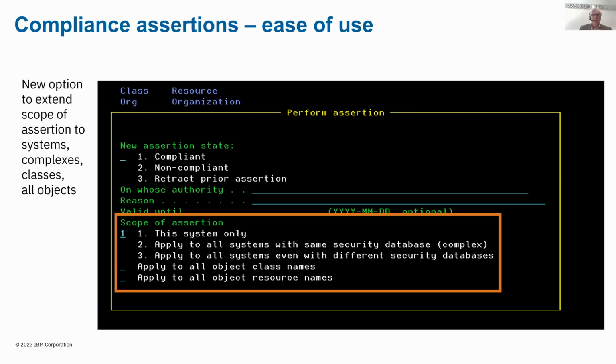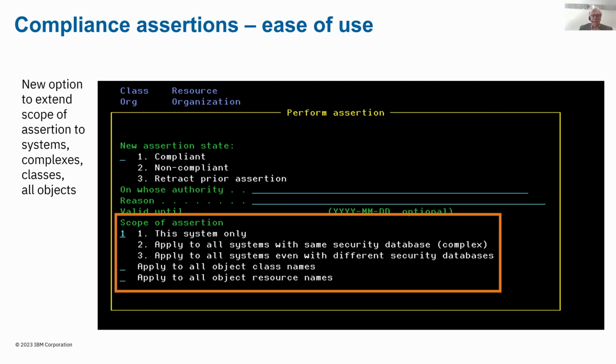But you can also say apply to all systems with the same security database. So if it's about something RACF or ACF2, then the logical thing would be to say it applies to the whole complex. Or you could say it applies even cross-complex. So if it's more organizational, then you can say, well, I do have a procedure and it applies to all my systems and all my security databases. So you could select 3 here.